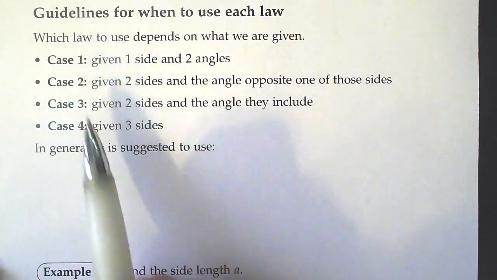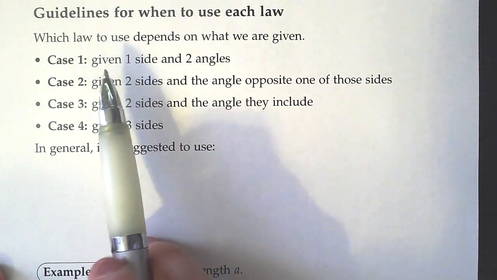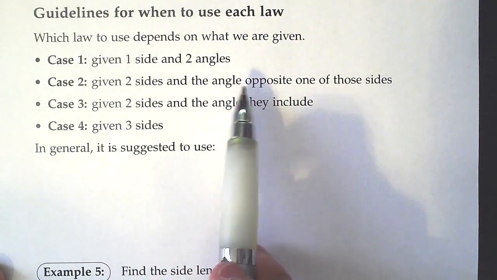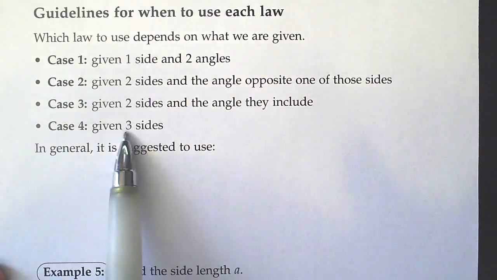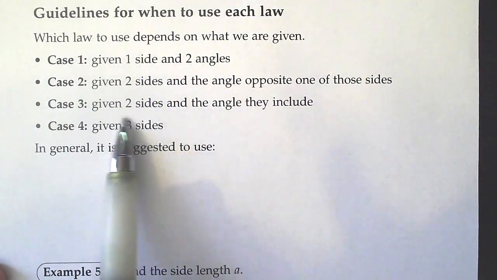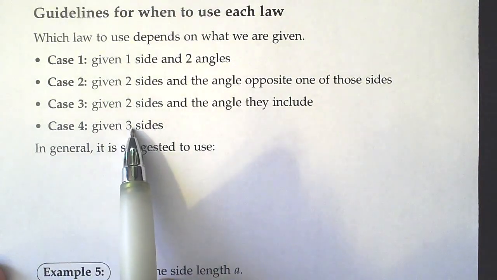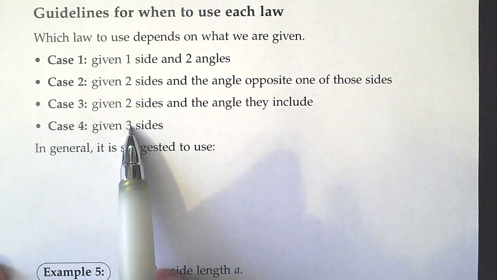But yeah, we're going to say that there are 4 possible cases, depending on what information you're given. If you're given one side and 2 angles, or if you're given 2 sides, or if you're given 3 sides. That was the one we just did, by the way, case 4, where you're given all 3 side lengths. And you know that we just used law of cosines, so you're thinking case 4 is probably law of cosines.